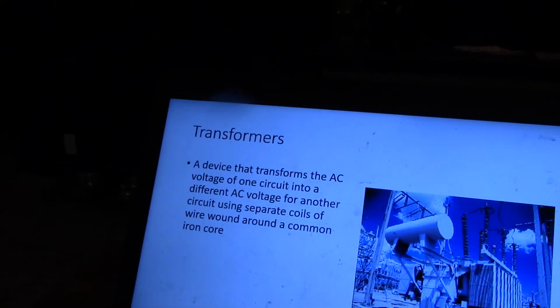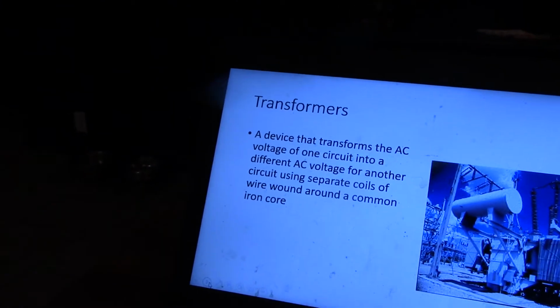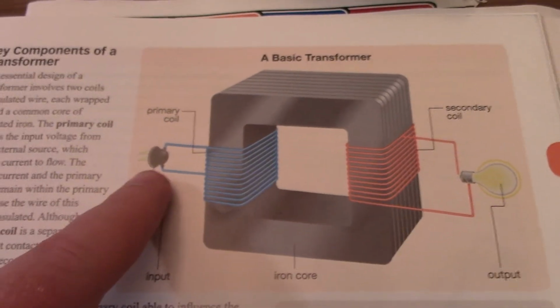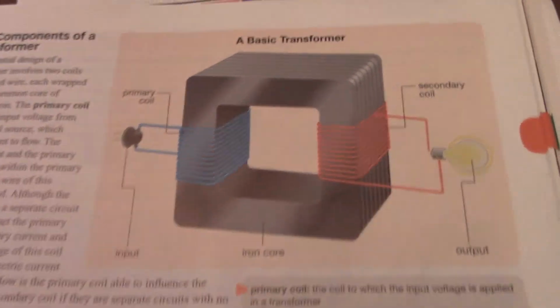So if you look at transformers in your textbook, page 397 looks at transformers. You have an iron core and coils on either side. The coils have incoming electricity that moves through the iron core and has outgoing electricity. It's the number of coils on either side.